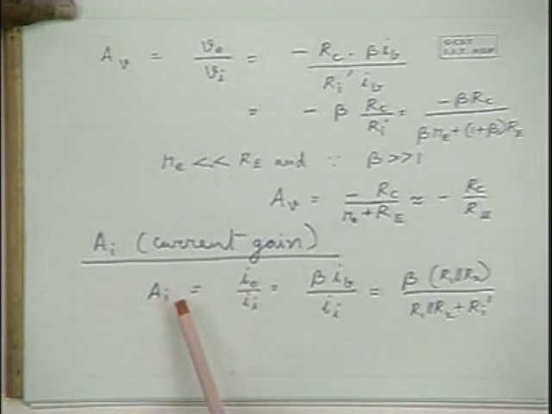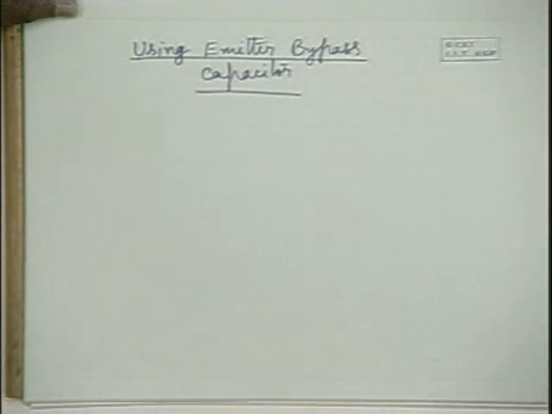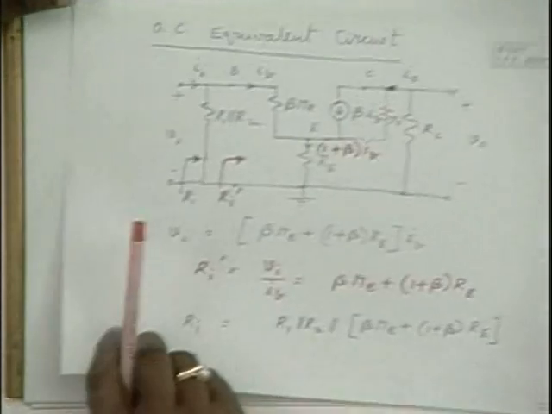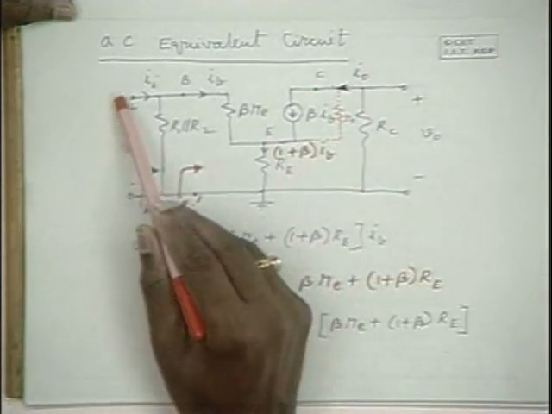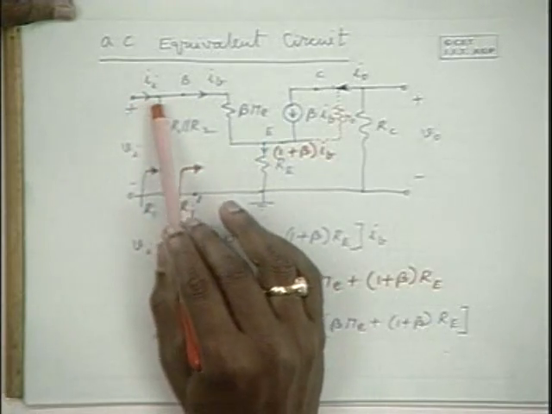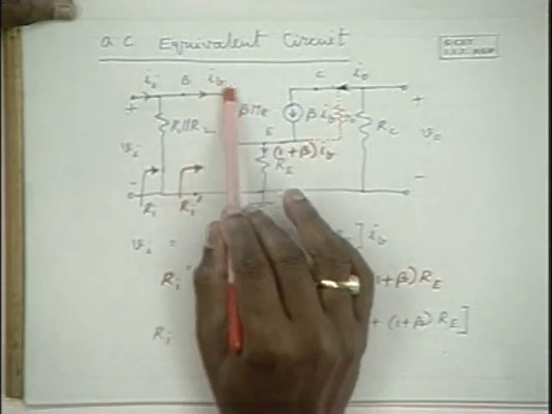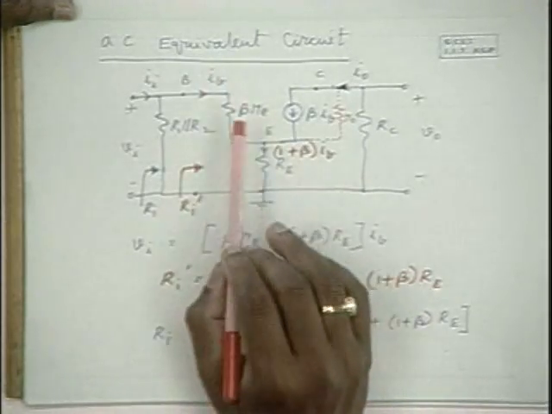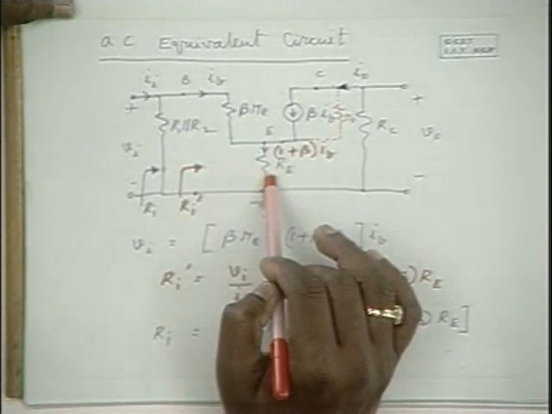And the current gain is the output current divided by input current, and now the ratio is the current division ratio between R1 in parallel with R2 and this input impedance, which is now beta re itself, much smaller than this.